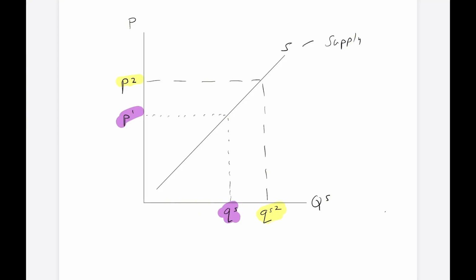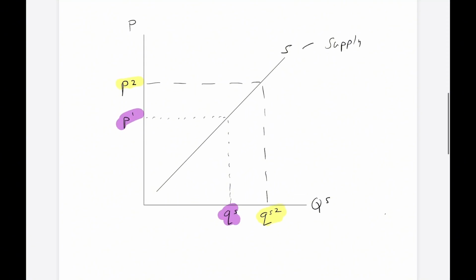And this is because firms are profit maximizing. Their objective is to maximize their profits. They want to make as much profit as possible. So they're going to be more willing and able to supply products at a higher price, because at the higher price, they're going to be receiving and generating more revenue as a result.